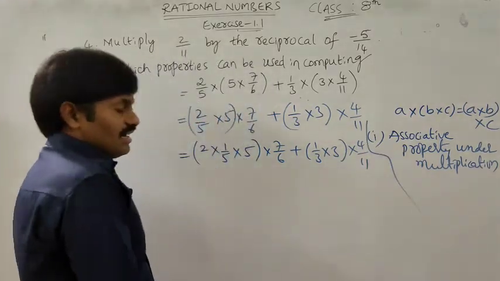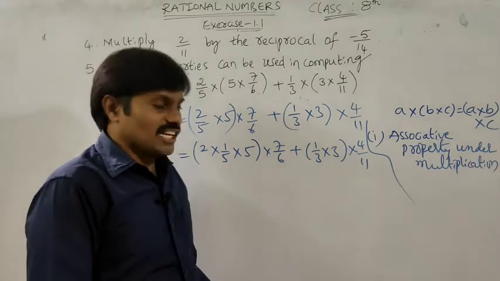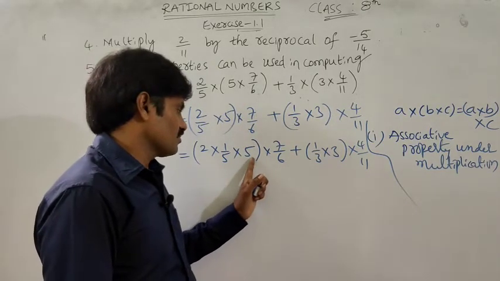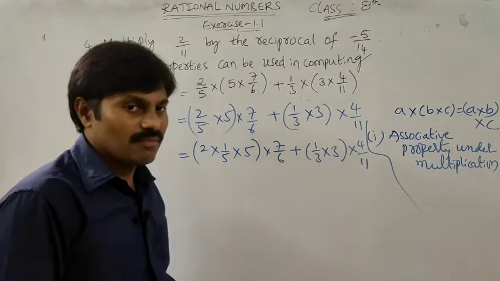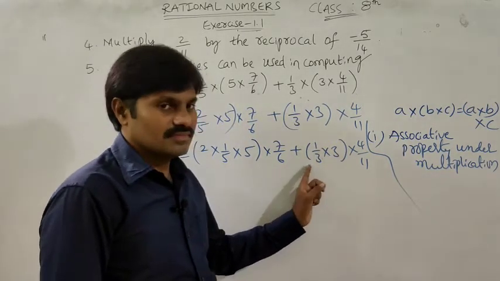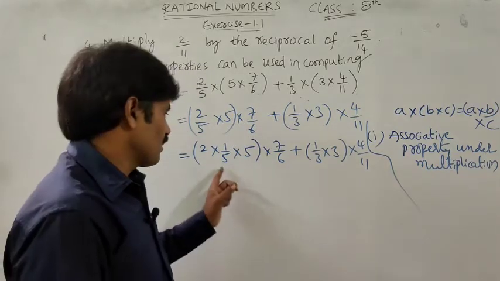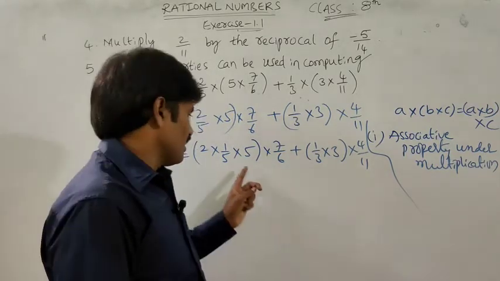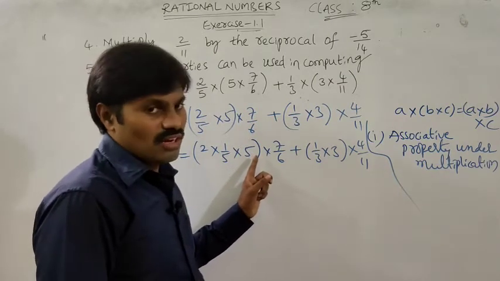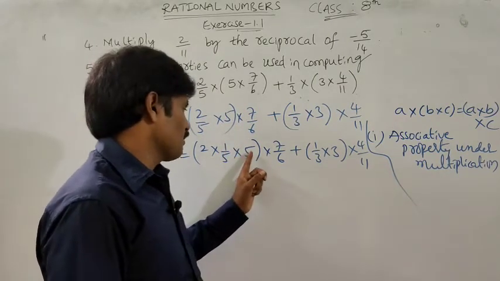Okay, now dear children, if you observe here clearly, here 1/5 into 5, what is the relation between 5 and 1/5? Similarly here also 3 and 1/3. These are reciprocals, or not? So here 1/5 is the reciprocal of 5, the multiplicative inverse of 5.